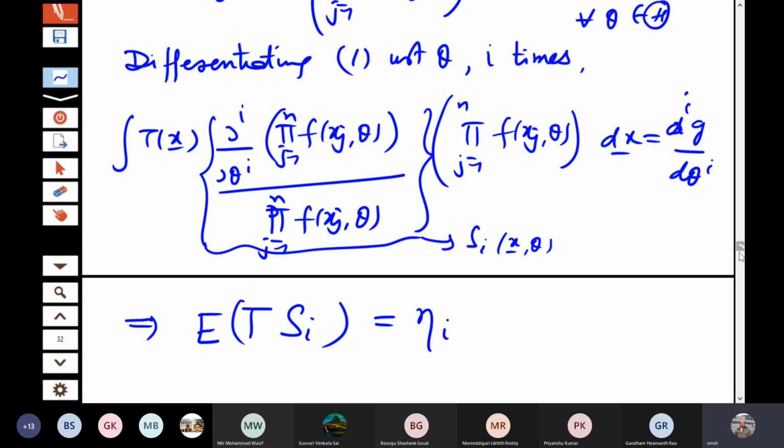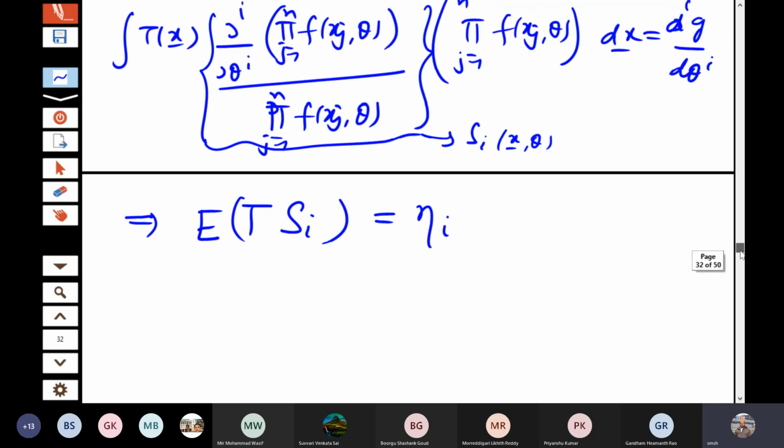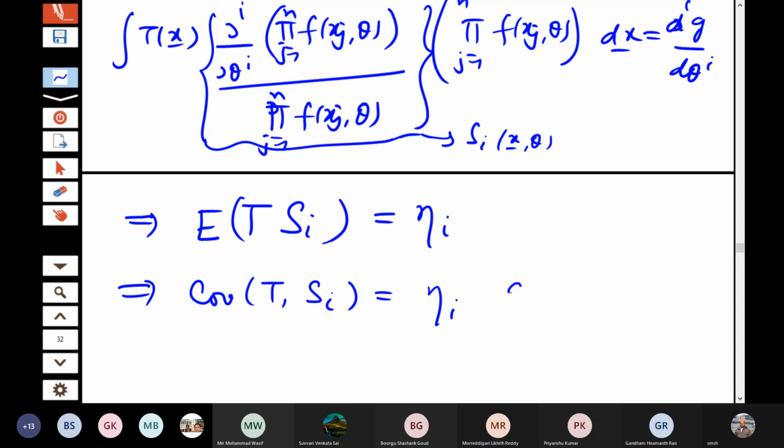Earlier we have seen expectation of S1 etc. was 0, expectation of S x theta was 0. So same thing will be true here also, expectation of S1, S2 etc. will be 0. So this is nothing but covariance term. For all I, this is going to be 0.